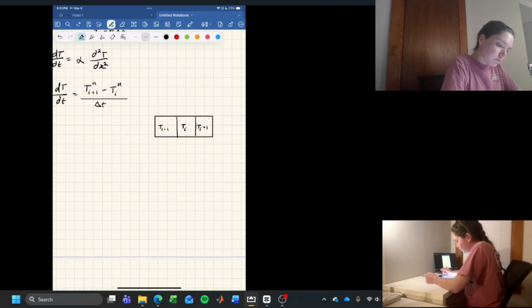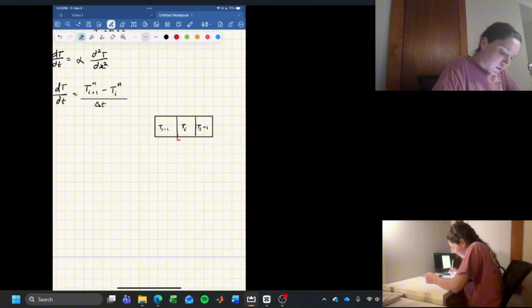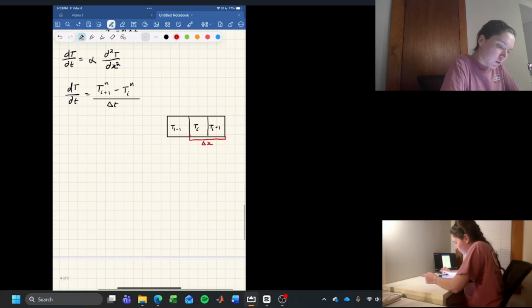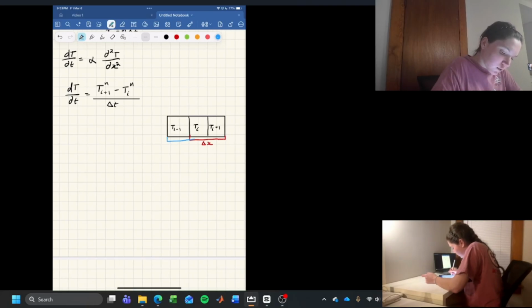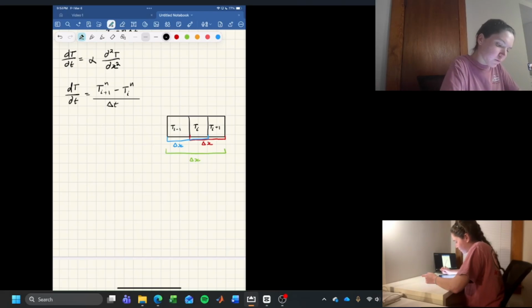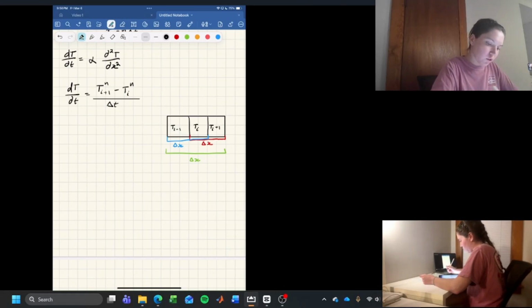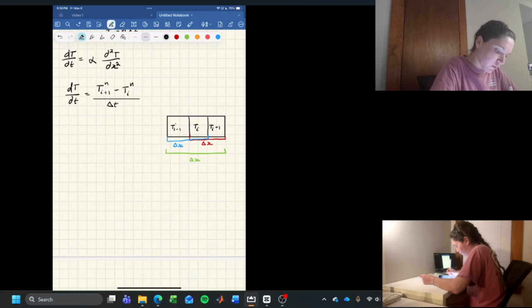So here, this part here is a change in x, or a change in position. On this side, from these two terms is another change of position. Then there's one overall. And these should all have the time counter on them as well.